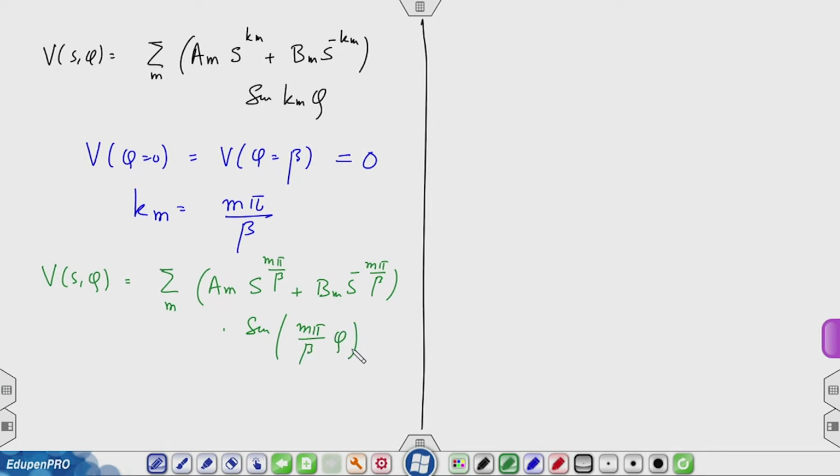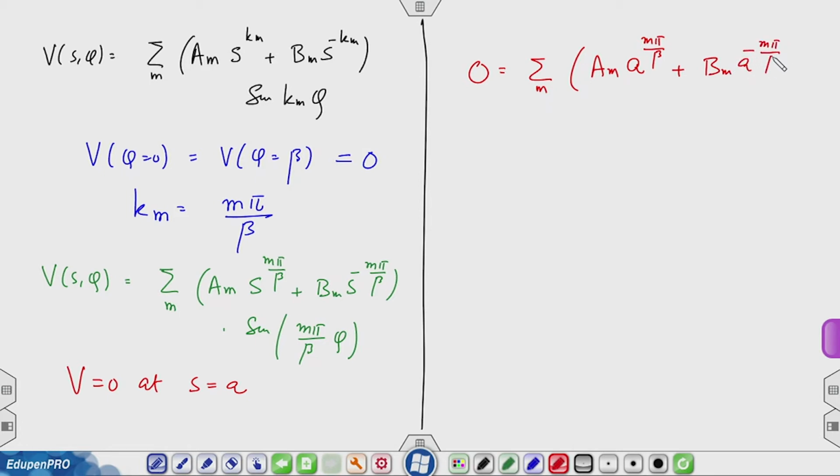That is condition 1. Then I have that V equals 0 at s equals a, and therefore, I have 0 equals summation m a m a raised to m pi over beta plus b m a raised to minus m pi over beta sine m pi over beta phi.